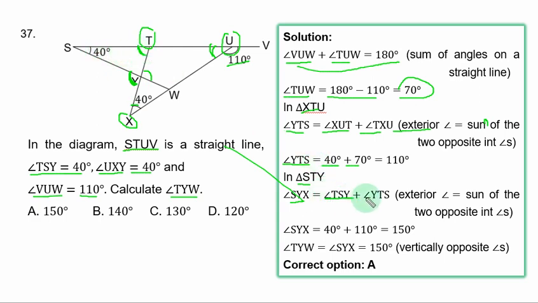That is what you have here. And SYS is 150 degrees. Now, this angle is equal to this angle, vertically opposite angles. So, taking this approach, angle TYW is 150 degrees.